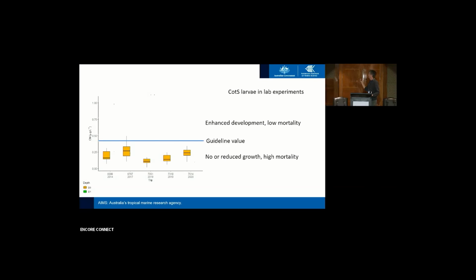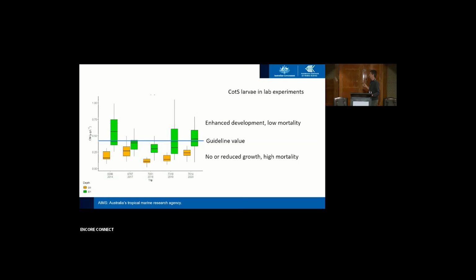However, one thing I'm interested in is the chlorophyll data of deeper samples, about 20 to 30 meters deep. There's much more food down there. We just have no idea whether the larvae go down there.